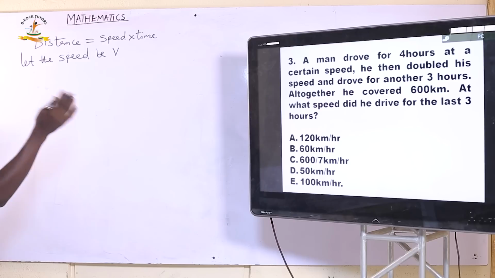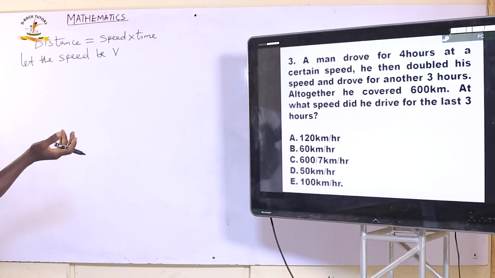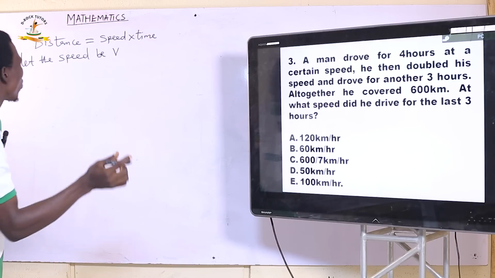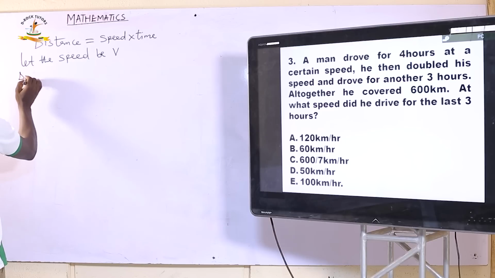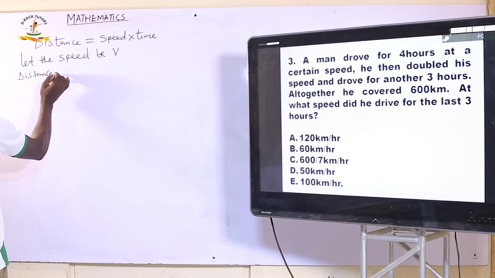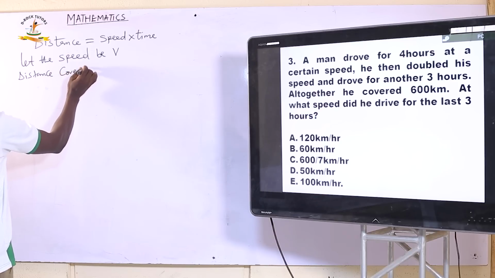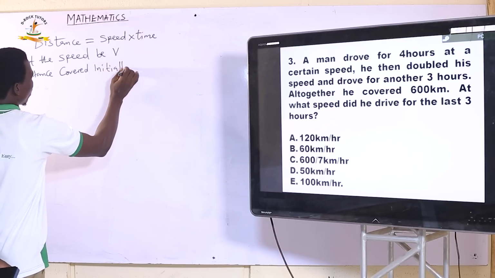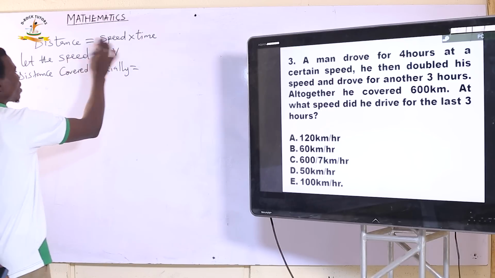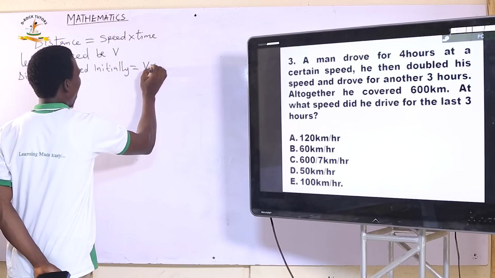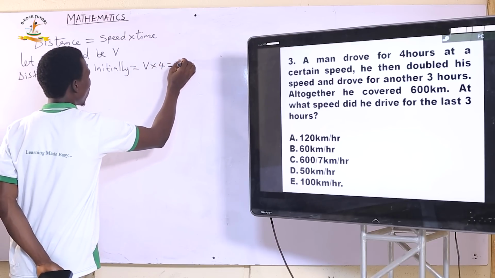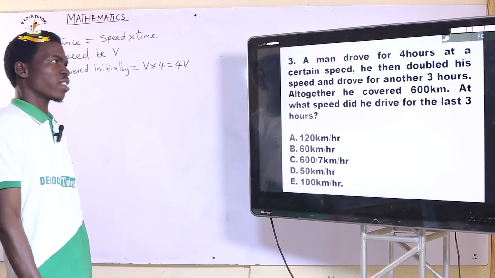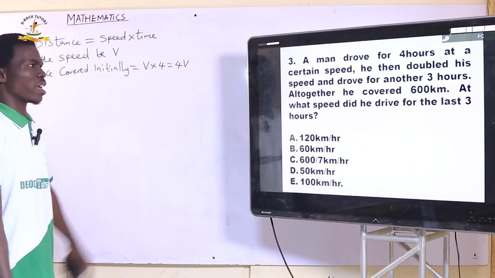Then the first time he drove, he covered a certain distance for 4 hours at a certain speed. So the distance covered initially, before he doubled that, is going to be the speed times time, that is V multiplied by 4, which is 4V kilometers. So that's the initial distance covered, because distance is speed times time.